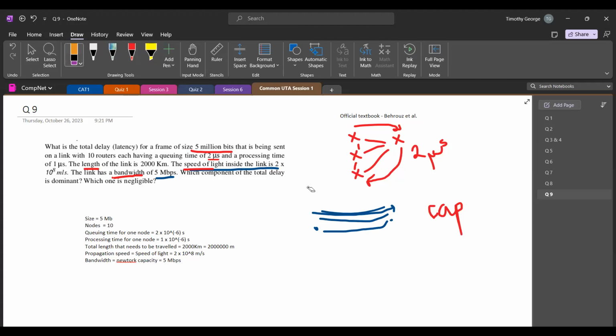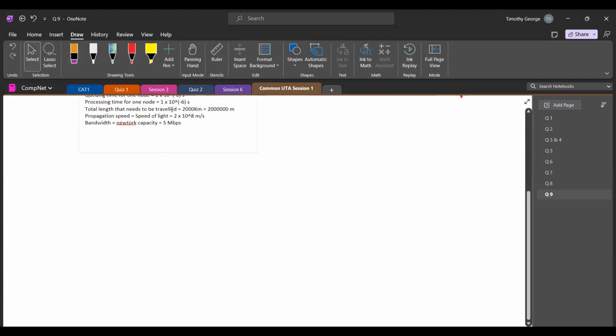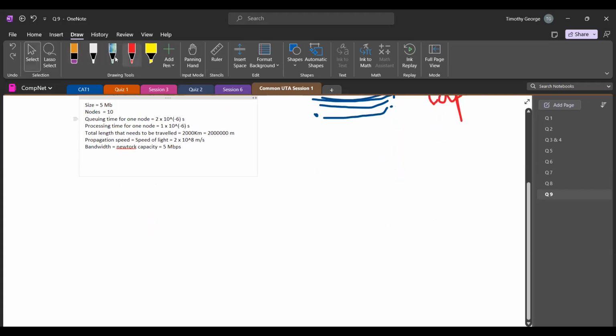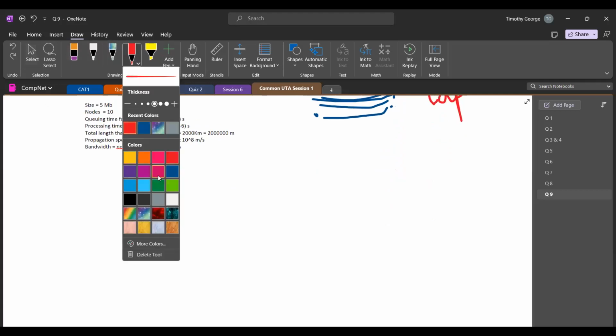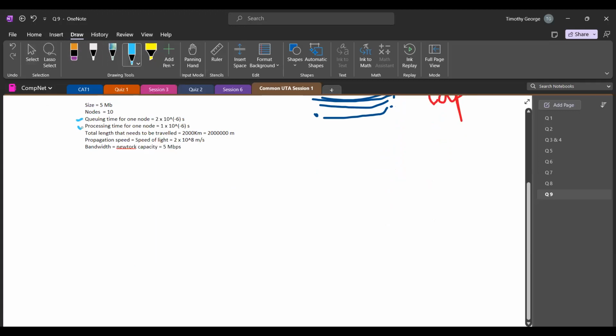We're given all these things: queuing time, processing time, propagation speed, which we'll need to convert into time, and the length. How much it takes for transmitting is also given. So what will the total delay be?